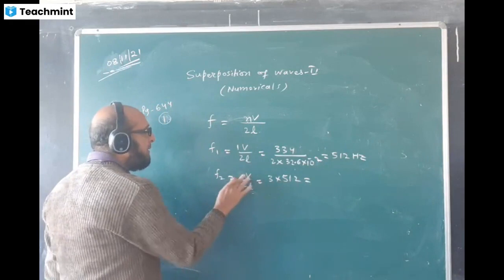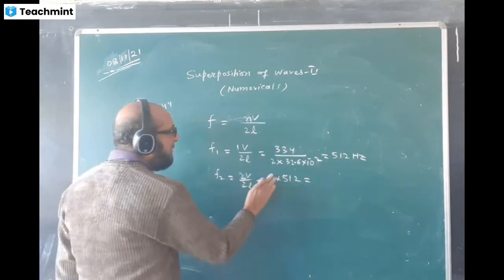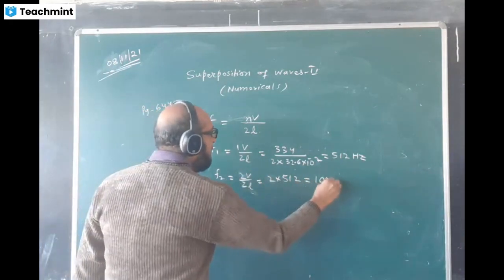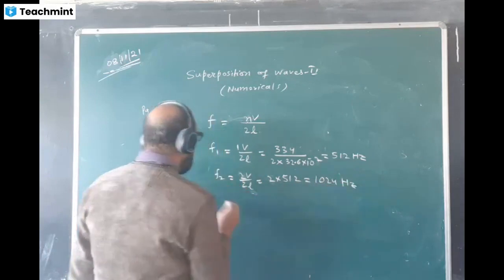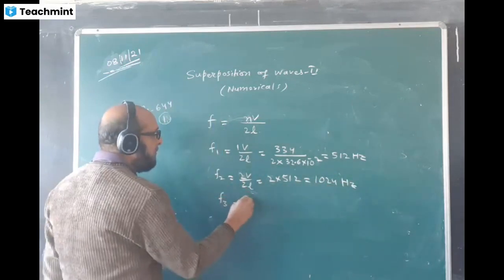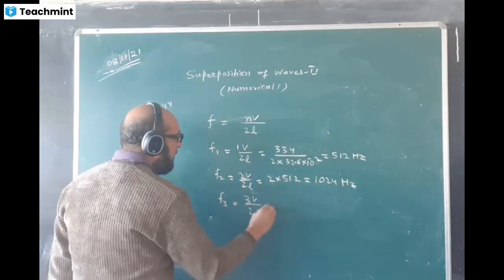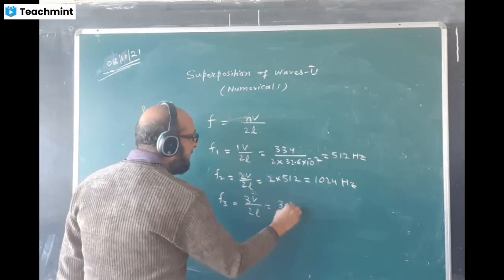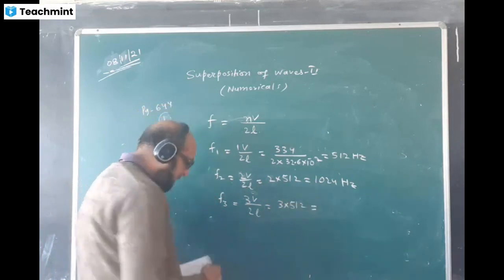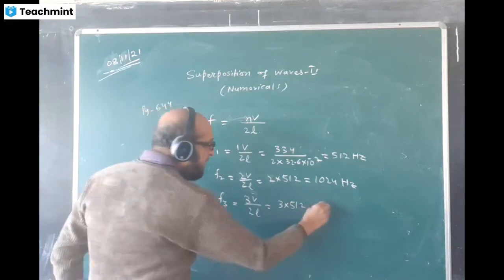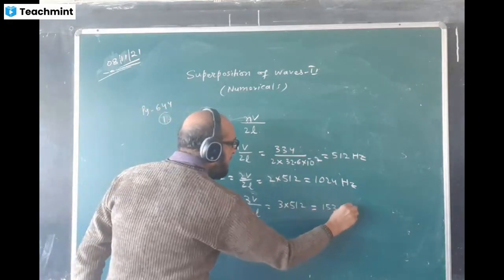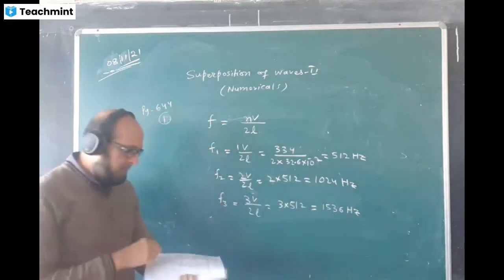And the second answer will come 2V by 2L, twice of this. Answer will come 1024 hertz. F3 answer will come 3V by 2L. That means 3 times of this answer, 512. Answer is coming 1536 hertz. The answer.